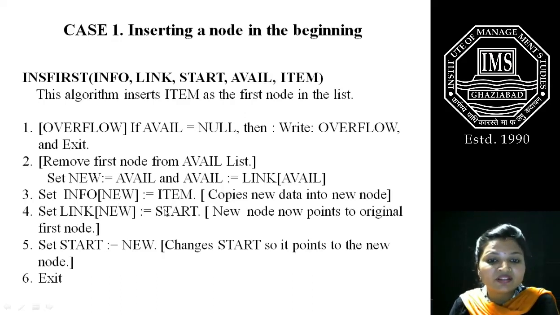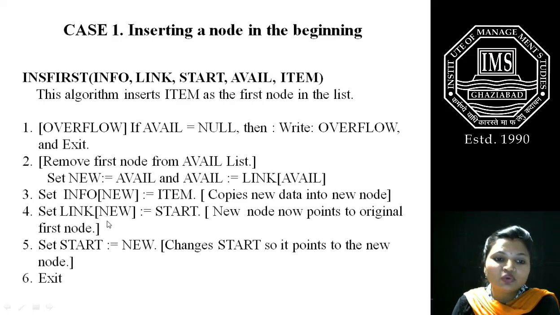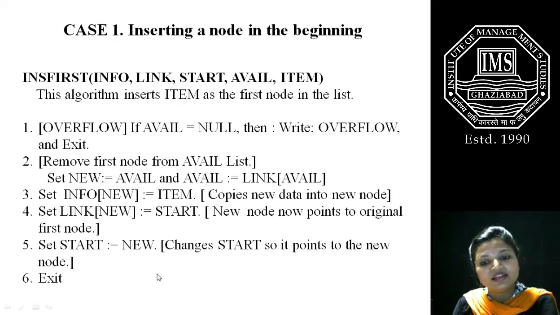Since we are inserting a node in the beginning, the link pointer of the new node will point to the address of start. And now since this new node is the first node in the linked list, the address of start will be new, means now start will point to new. That means new is the first node in the linked list.